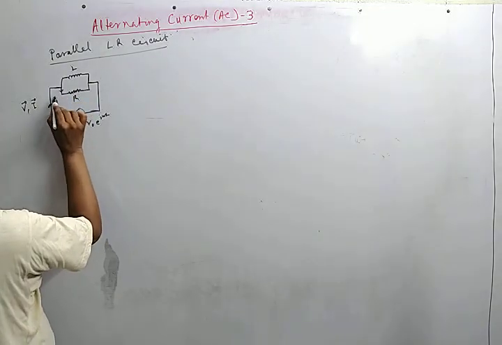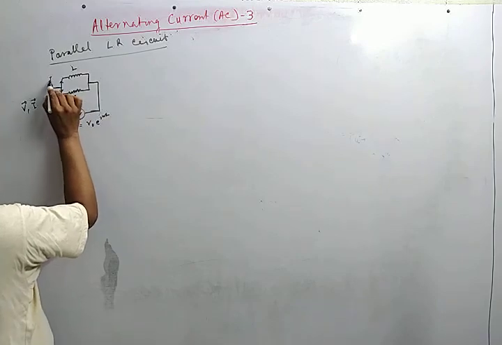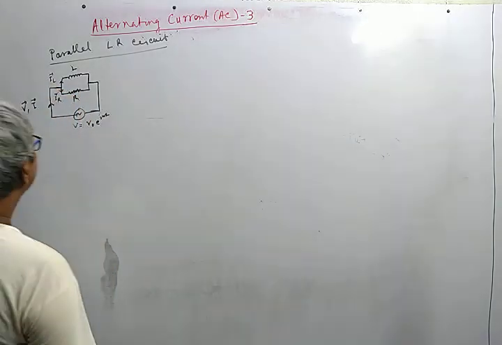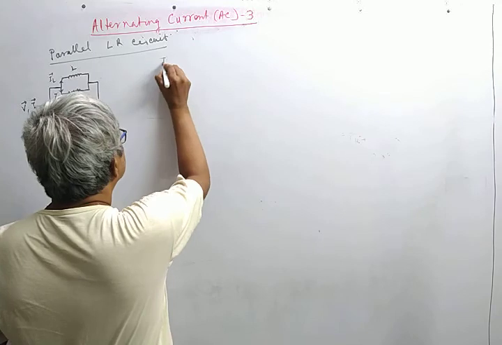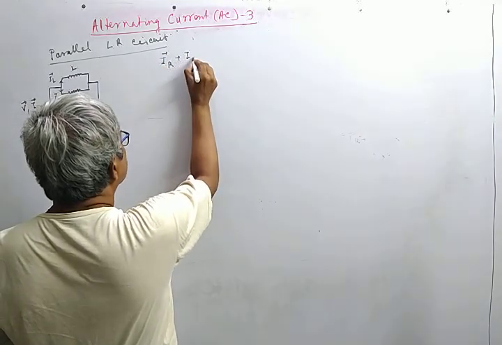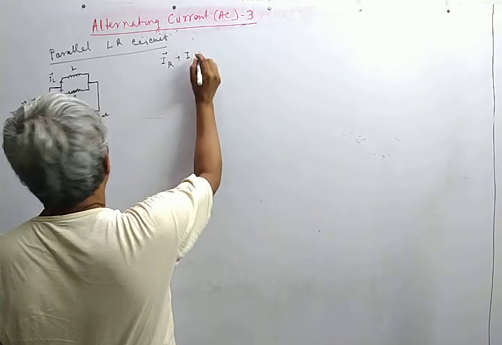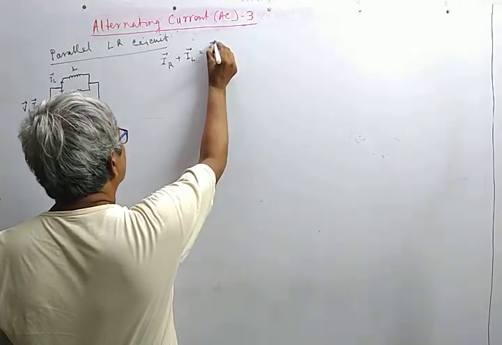This is the current phasor across R, and this is the current phasor across L. So if we apply KCL in its AC mode, it is I_R plus I_L is equal to the applied total current.